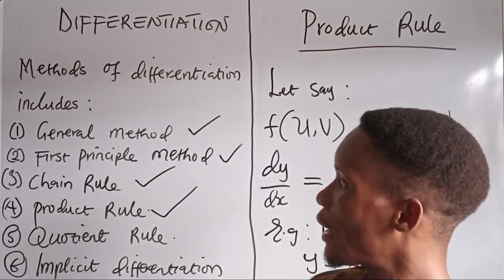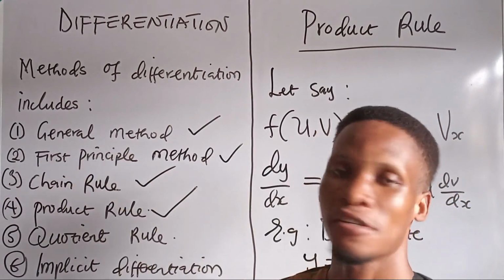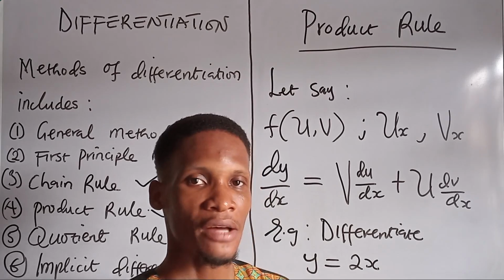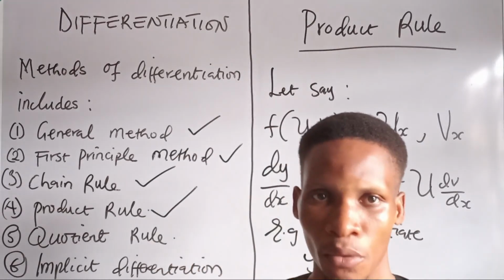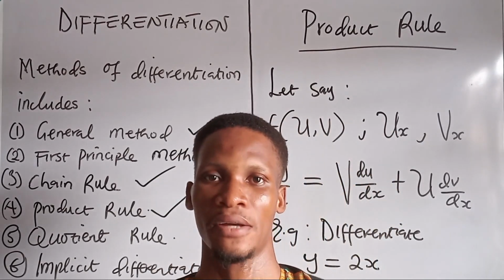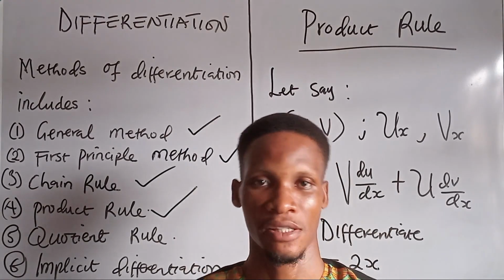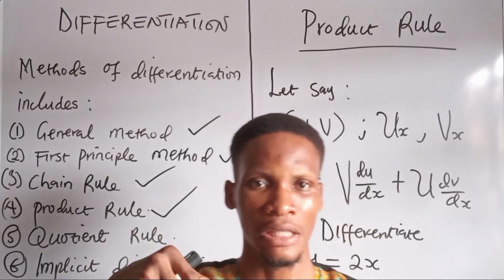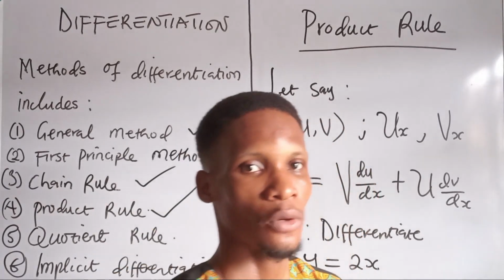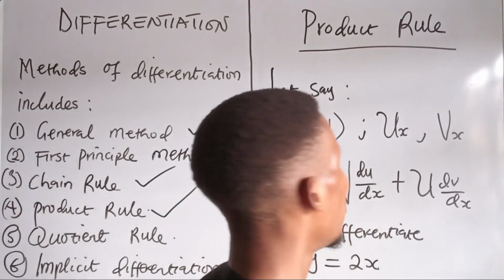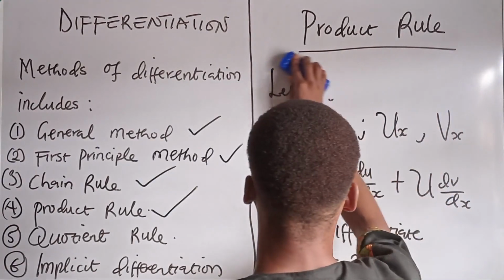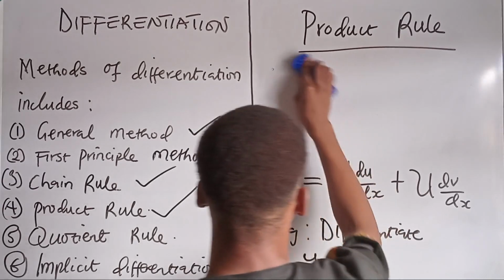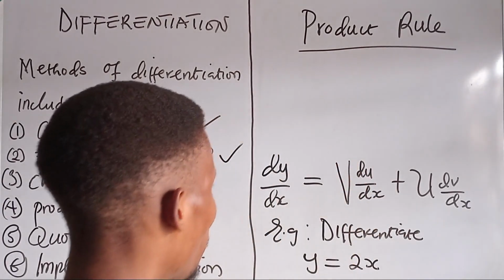When you apply the general methods of differentiation to solve, you will get an answer, and applying the product rule, you also get the same answer. You are not expected to get a different answer from a particular problem given to you. So let's look at this problem now and see how you can tackle it using this particular method.